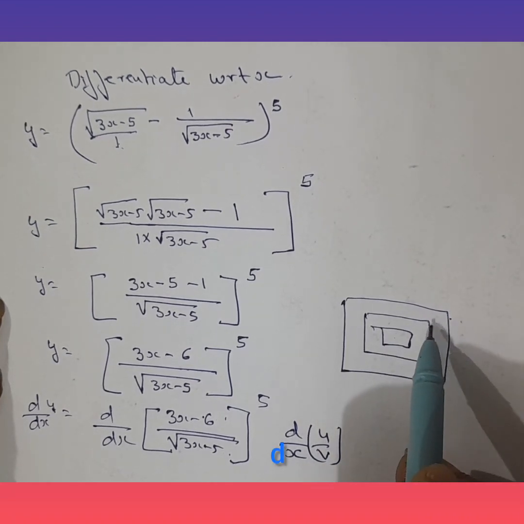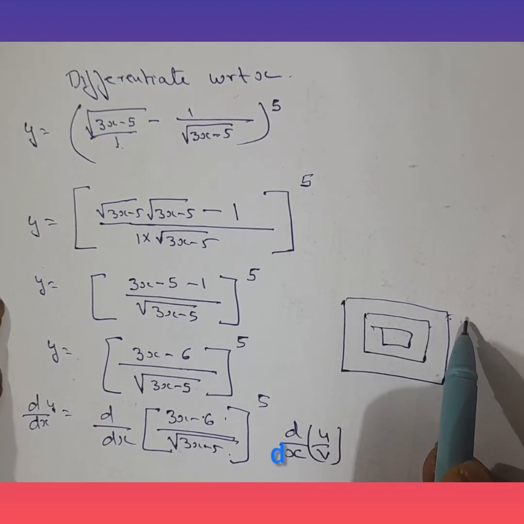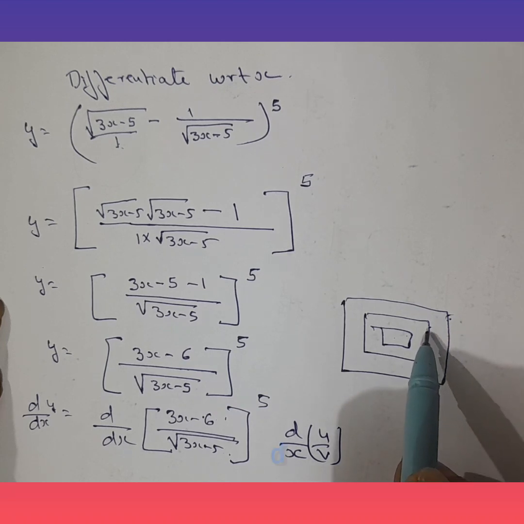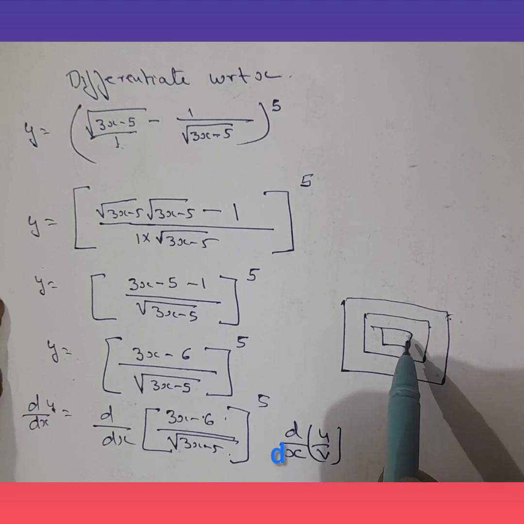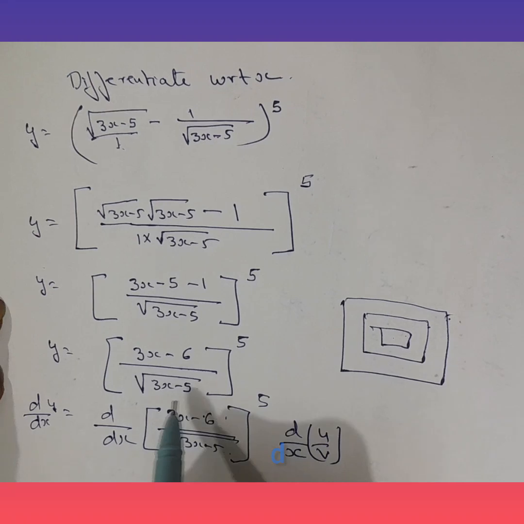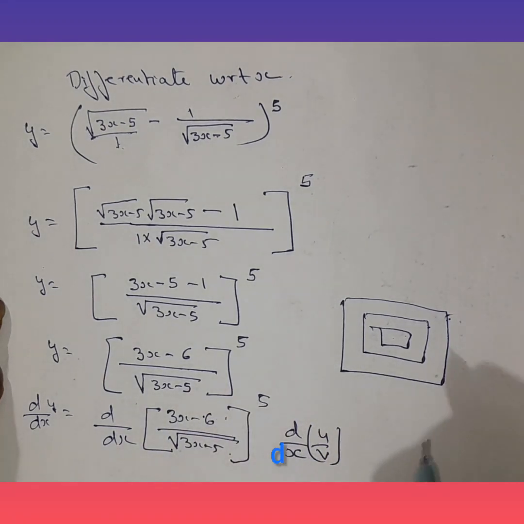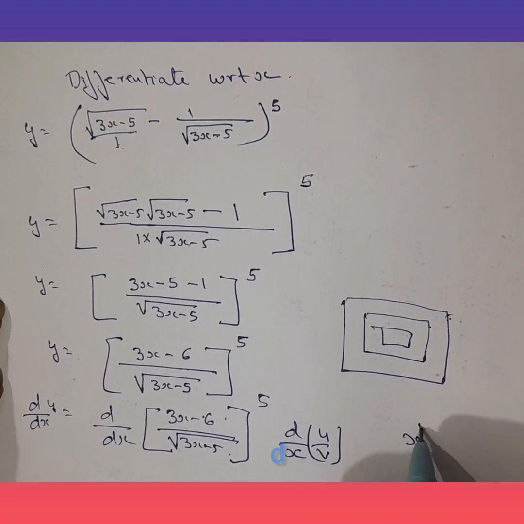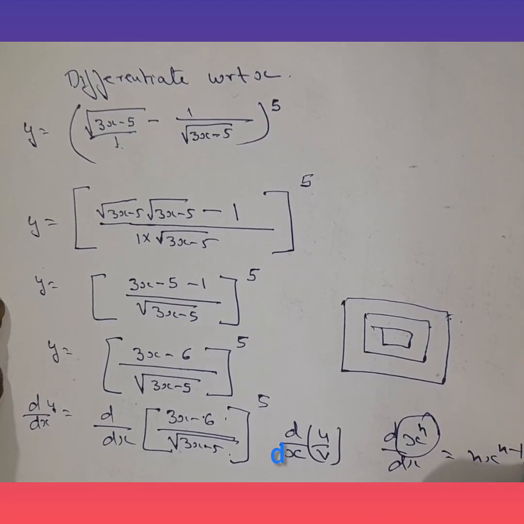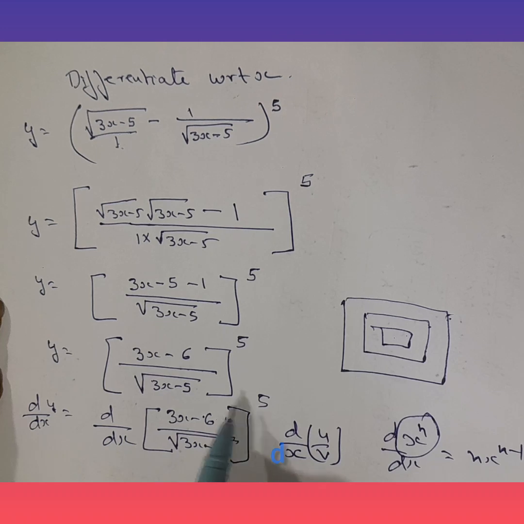Now there are three packages, right? The chain rule is we have got to open the outer packet to get into the inner packet. We have got to open the inner packet to get into the innermost packet. So here the outermost packet is the power 5. Now this comes to the format of x raised to n, right? So when we differentiate this by dx, this becomes n x raised to n minus 1. So we are going to apply that to this first.